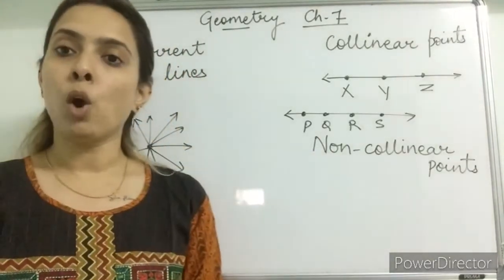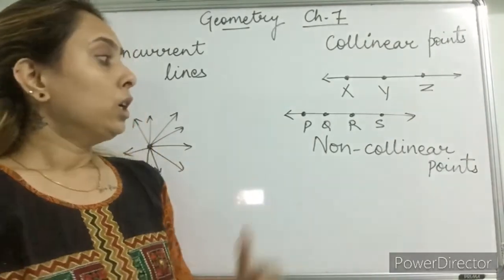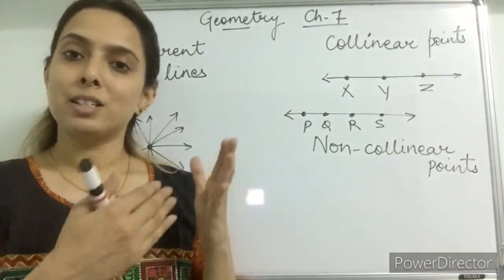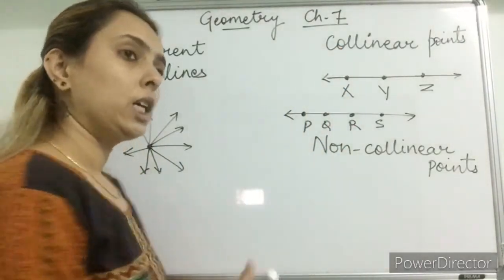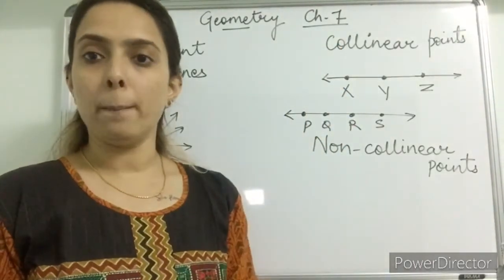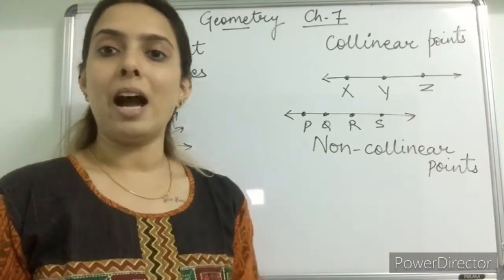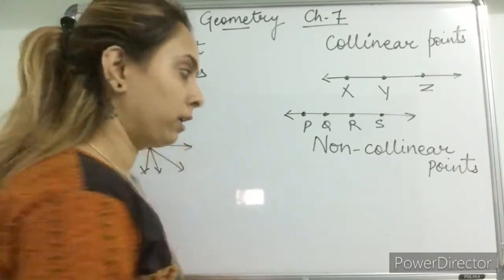What are non-collinear points? Non-collinear is totally opposite to collinear. When the points do not lie in a straight line, they are non-collinear.